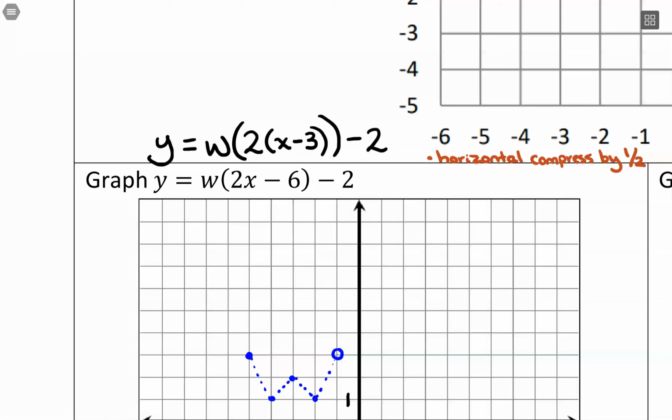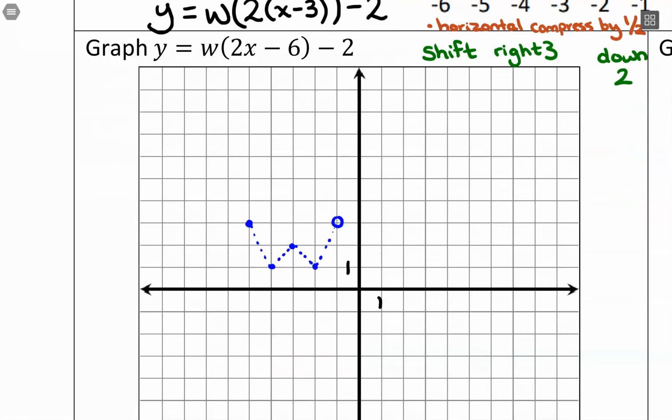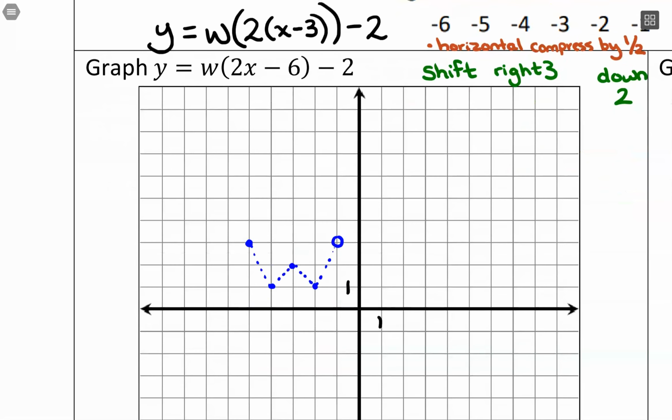And then we'll shift, and you can do those at the same time or separately, but basically with that negative 3 inside, horizontally that'll move me to the right 3 units. And then with the minus 2 outside, that'll be down 2 units. Okay, so I'm going to take care of the compression first, and then we can do the shift.